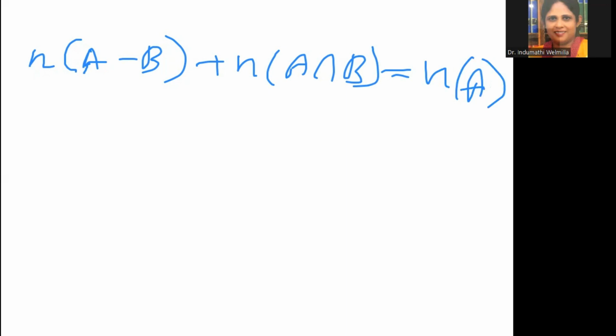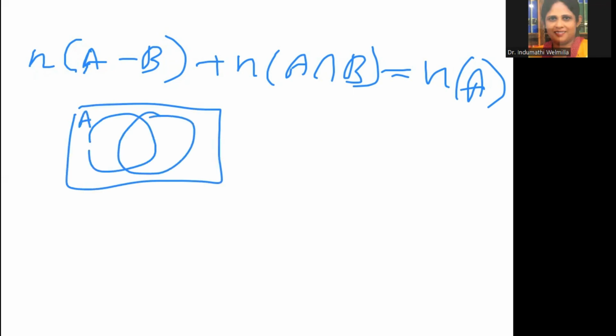When we deduct set B from A, and when we add A intersection B, it's also clear, no? When we put our A and B this way, A minus B plus the intersection part equals this whole A. Okay, it is also clear.